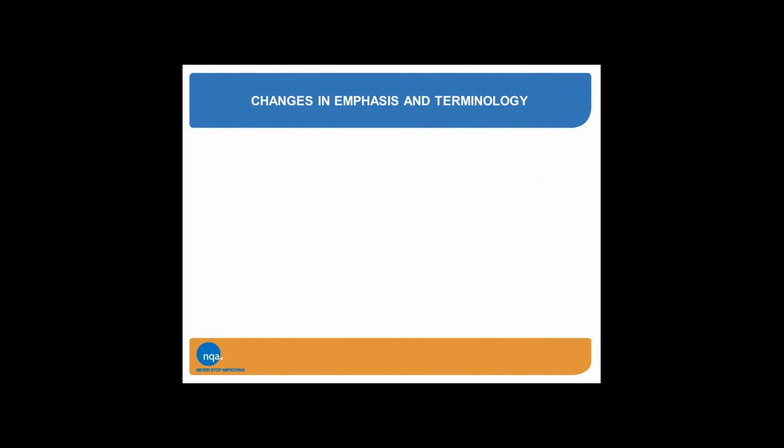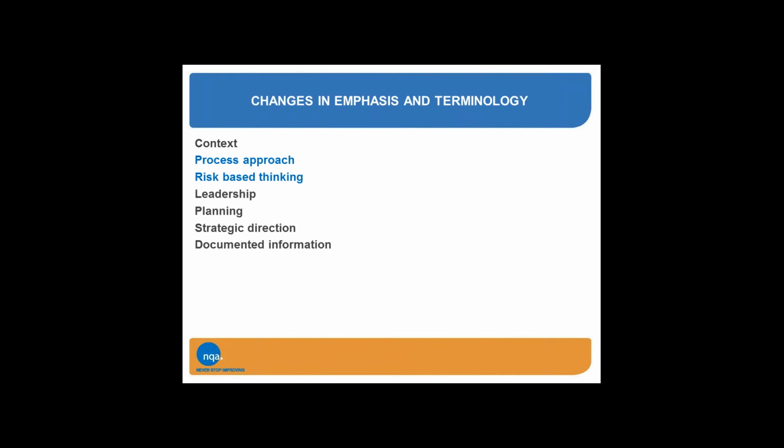So just to sum up so far, we have some changes in emphasis and terminology. New terminology, we have context, process approach and risk-based thinking, leadership planning, strategic direction, documented information.